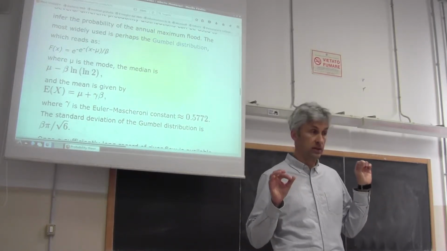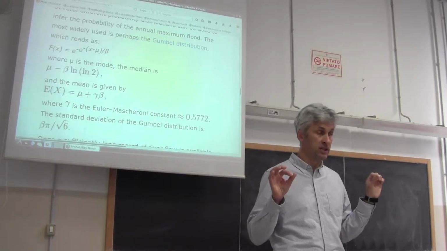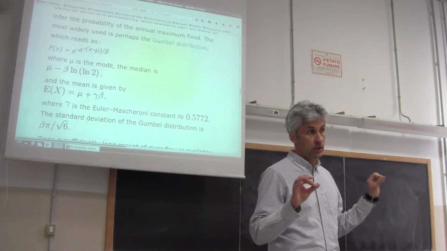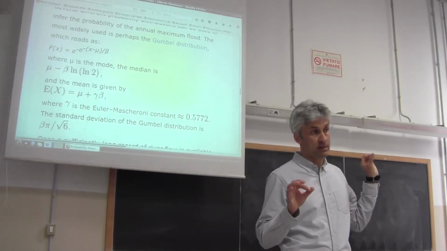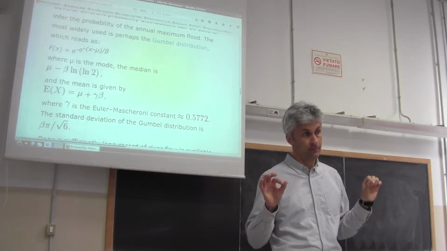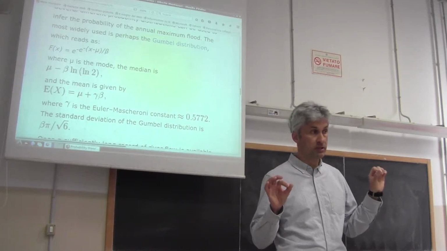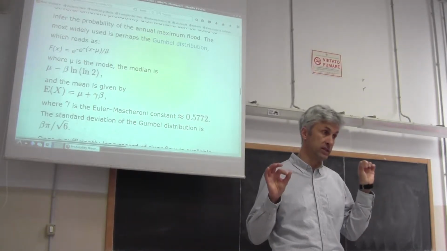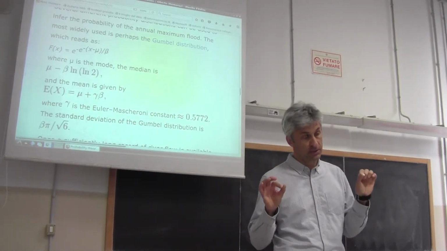So one of the premises that I want to make is that there is a correspondence, when we deal with the annual maxima method, between probability and return period. And in particular between probability of not exceedance, which is what we are interested in, and return period.